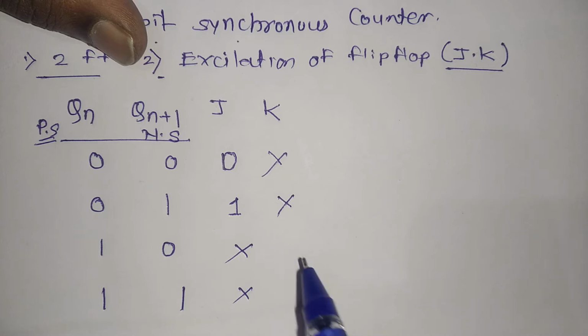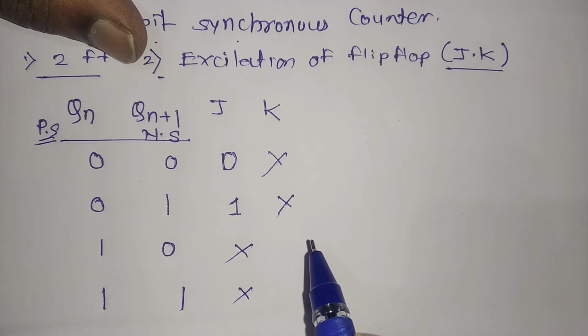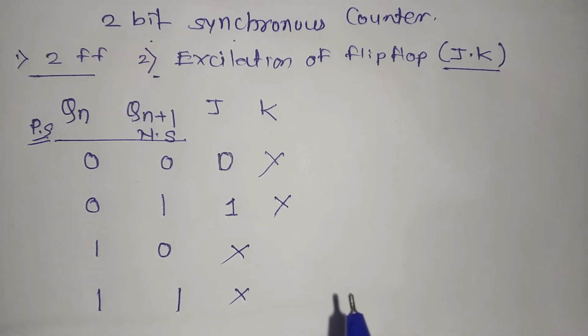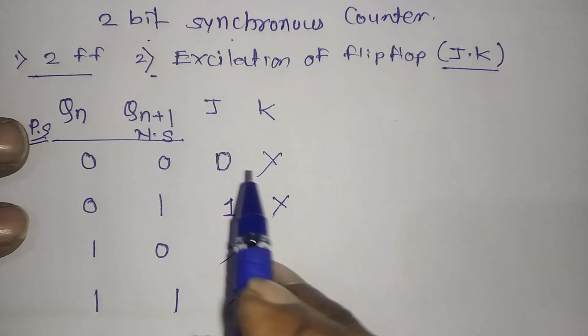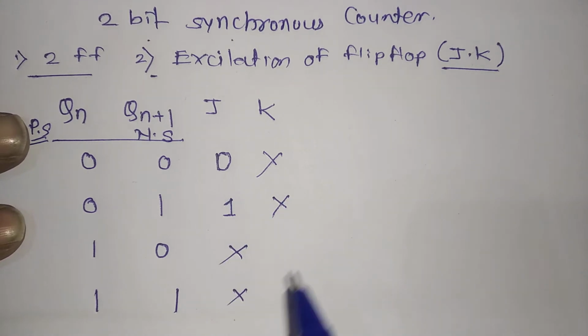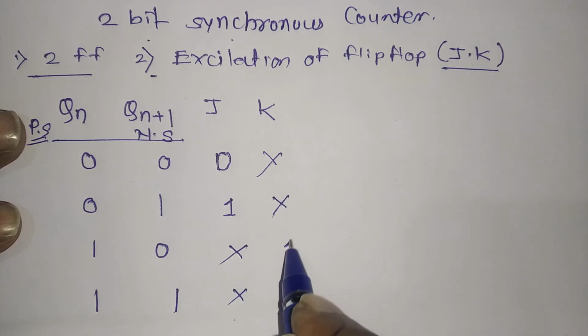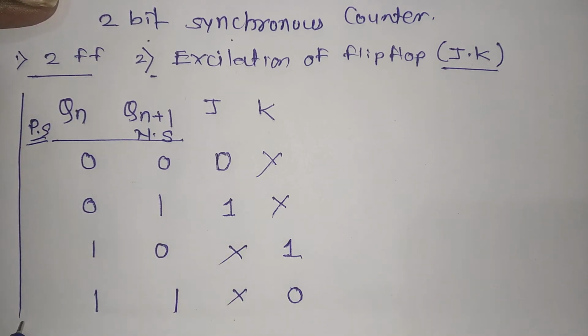Then 1 0: J is don't care, K is 1. And 1 1: J is don't care, K is 0. So at J we have don't care for 1 0, and K is the reverse of J. So, this is the excitation table of the JK flip-flop.